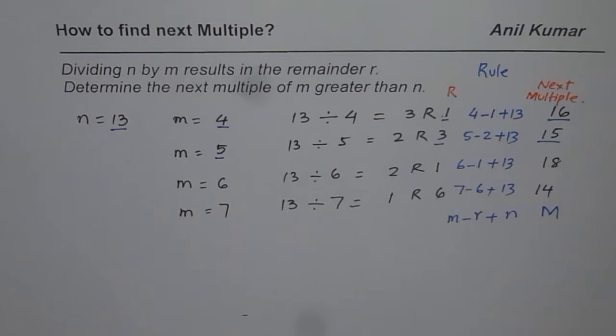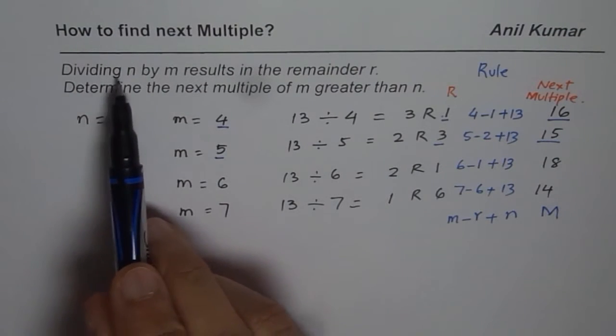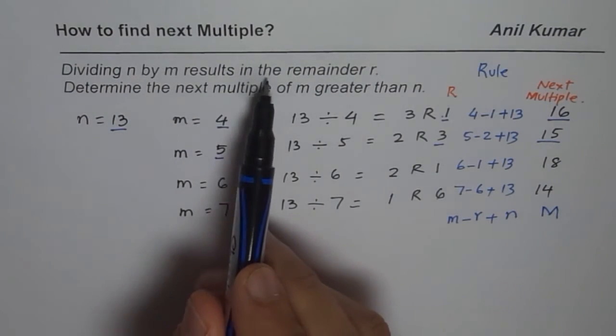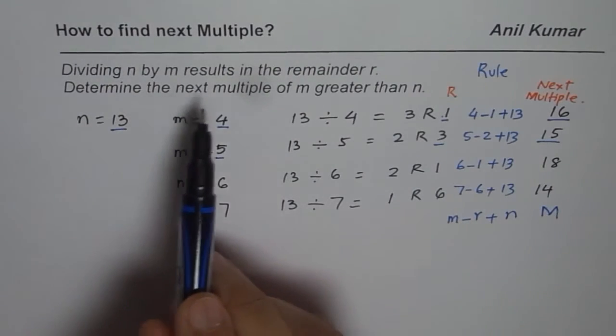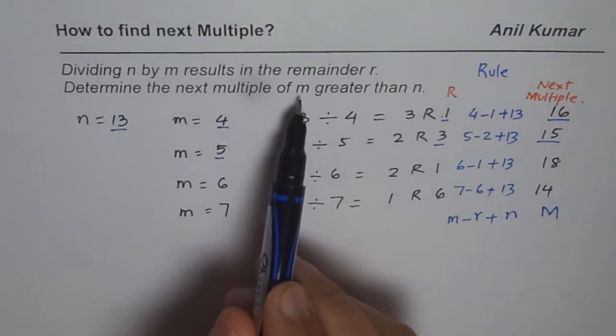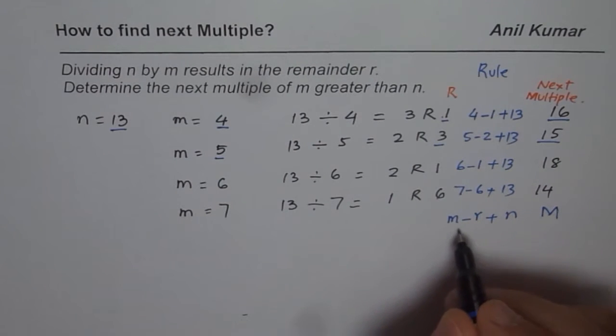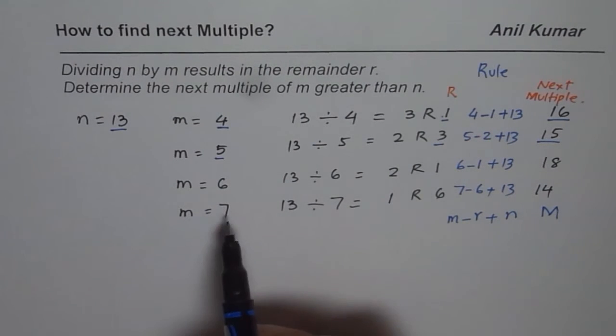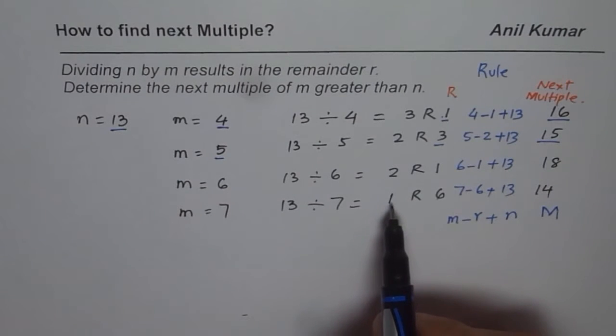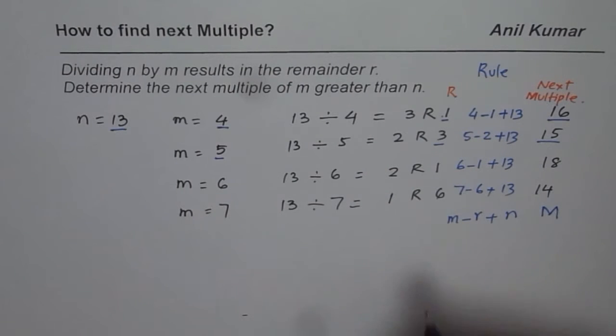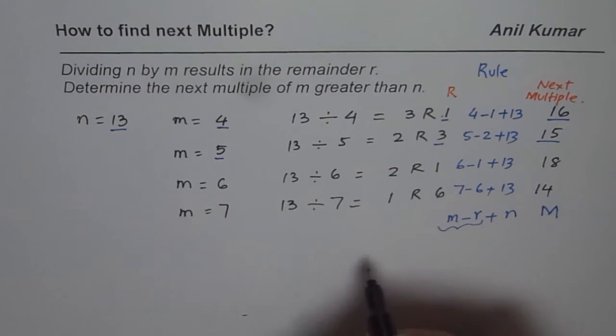Now it is simpler. In general, dividing n by m results in a remainder r. To determine the next multiple of m greater than n, take the difference between the divisor and the remainder and add it to the number itself.